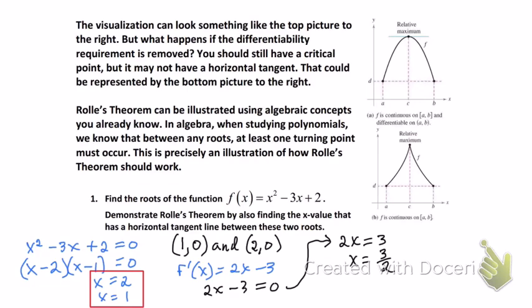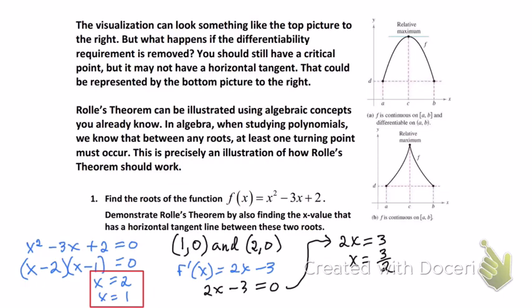Every place the derivative is 0 is at a critical number, but not every critical number is a tangent line with a slope of 0. So it's sort of like saying, well, if it's a dog, it has 4 legs, but you can't turn around and say, if it's got 4 legs, it must be a dog. So a critical number can be a Rolle's theorem, but not all critical numbers are Rolle's theorems.